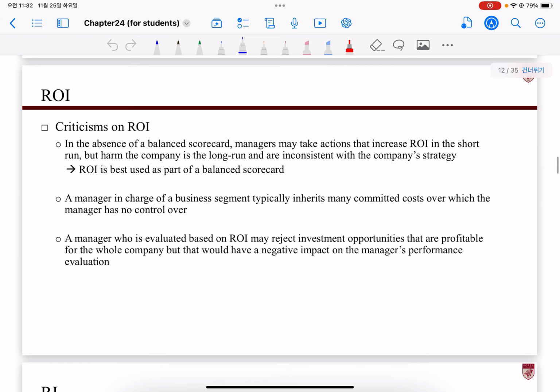But there are still some downsides of the ROI. Why? Because if managers are evaluated purely based on ROI, they can become short-term oriented, as said earlier. They may take some intentional, manipulative actions to increase ROI, but in the long run it may harm the company performance, which is not going to be consistent with the company strategy.